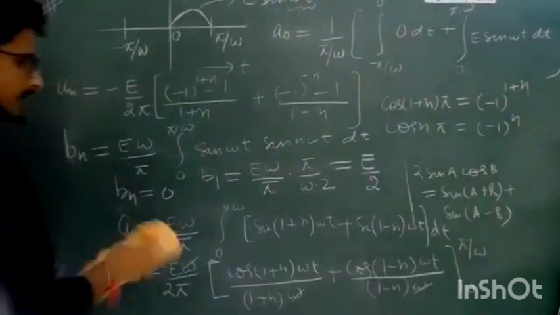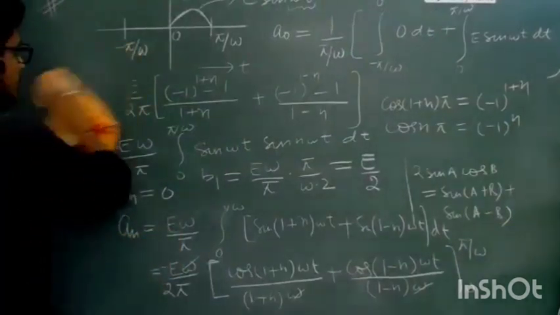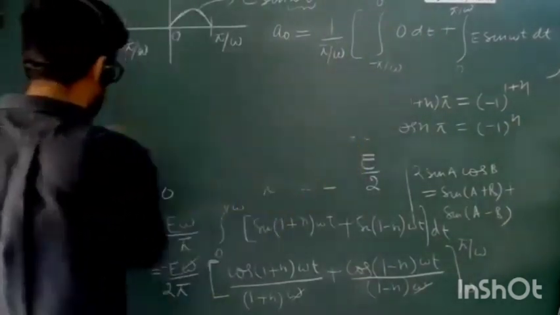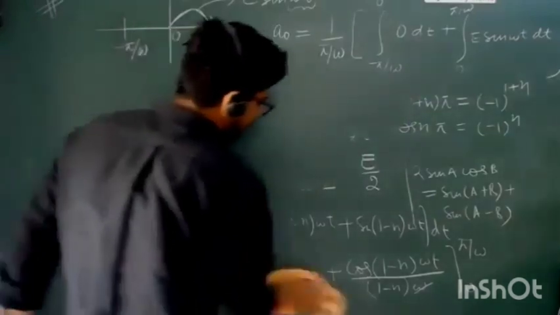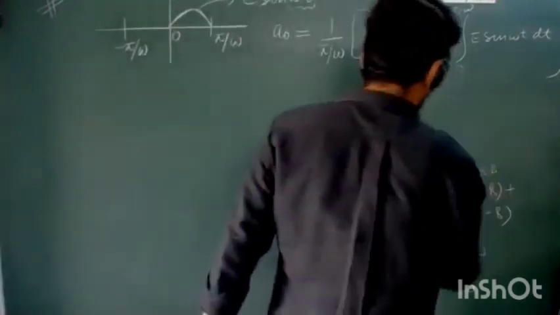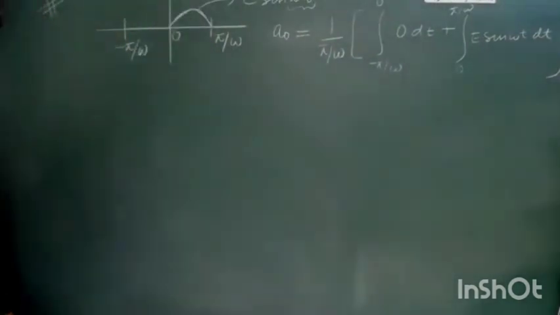So now using all these coefficients, your homework is just this step: you know every coefficient, so you write the Fourier series by substituting it in the original Fourier series.